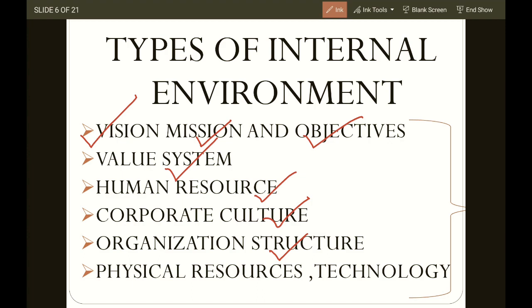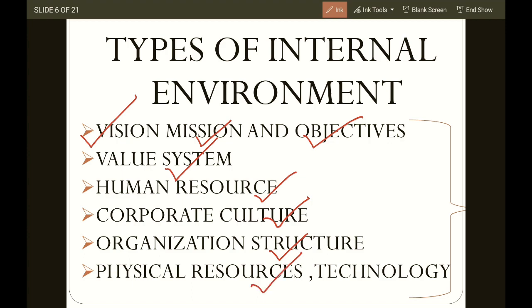Organization structure, what is the organization structure of a business organization? Very important. What is the hierarchy of management? What are the designations? Different designations depend on the business. If you're dealing with one product, your level of hierarchy will be different. If you're dealing with many product lines, the hierarchy will be different. Okay. Physical resources and technology, very important.